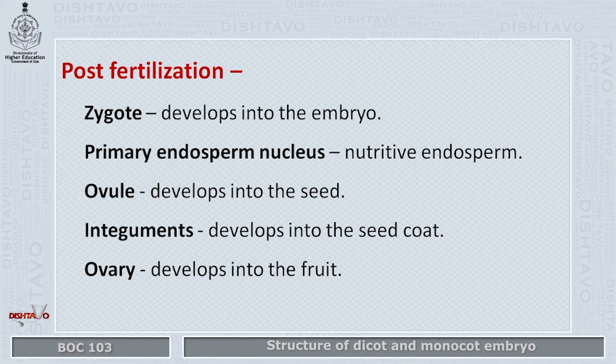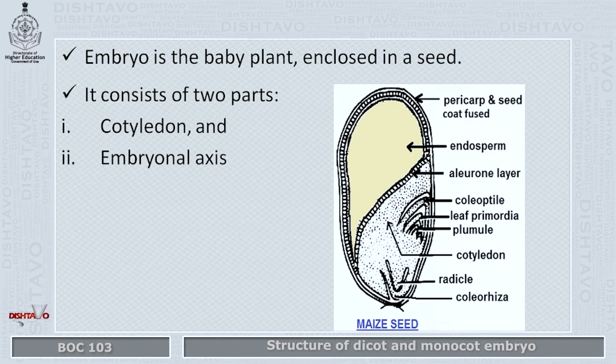The ovule in which the embryo sac is present develops into the seed, and the integuments covering the ovule develop into the seed coat. The ovary develops into the fruit. Now, if you observe, the embryo is enclosed in a seed.